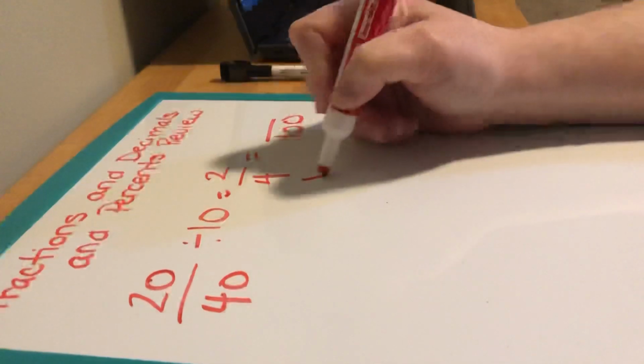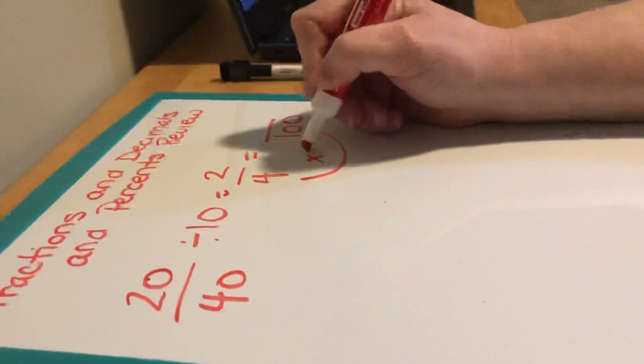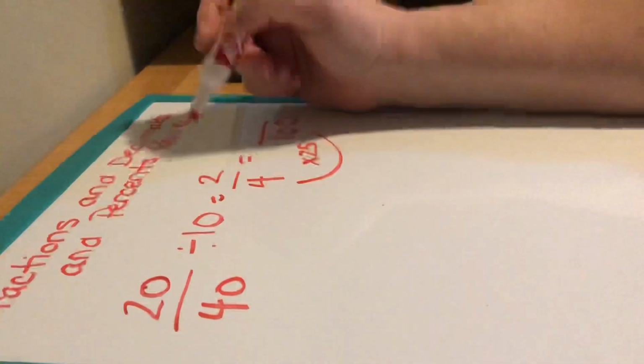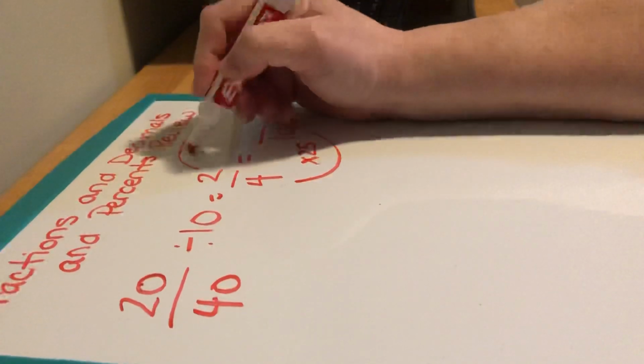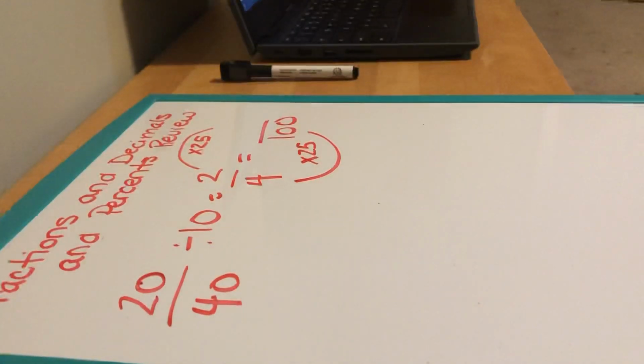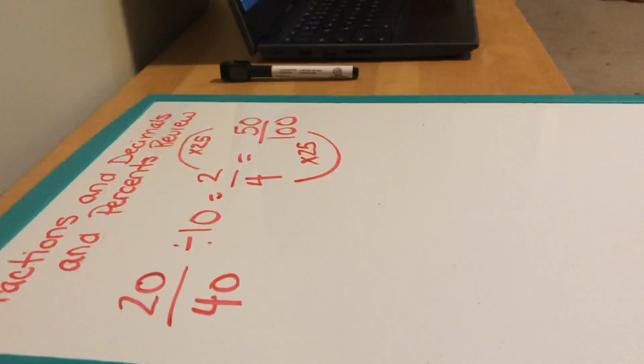Now I need to think about 4 times something is going to get me close to 100. Well, that would be 4 times 25, because it's like quarters in your hand with money. 25, 50, 75, 100. What I do to the bottom, I need to do to the top. So I'm going to times the top by 25. I now have 50 over 100.